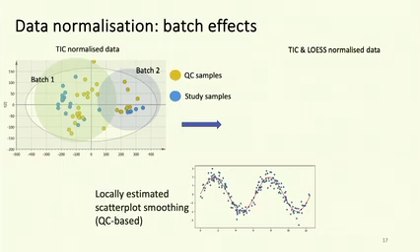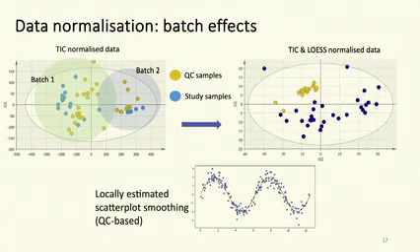One of the options is to take the signal for quality control samples. We also tried to fit linear regression on those intensities, and it doesn't work quite well with REIMS data, but nonlinear regression such as locally estimated scatterplot smoothing works well for the data correction between the batches in the ambient ionization data.